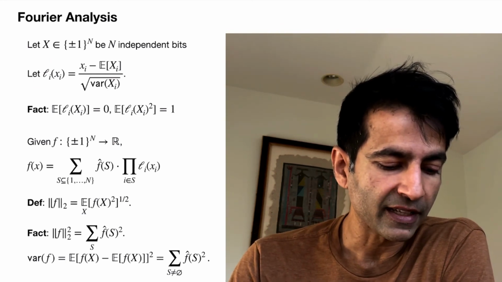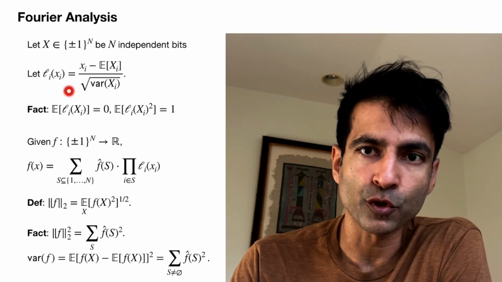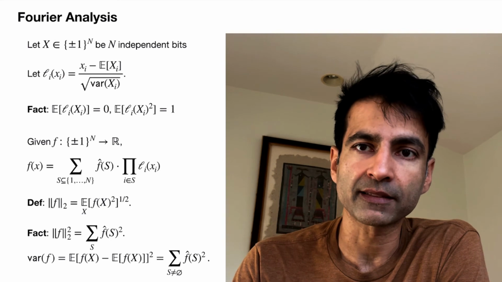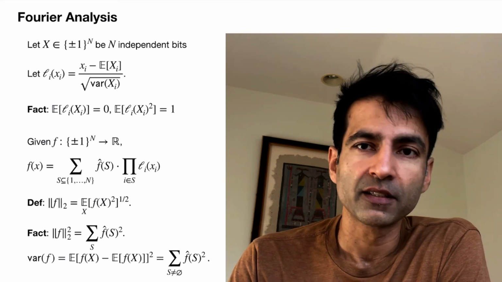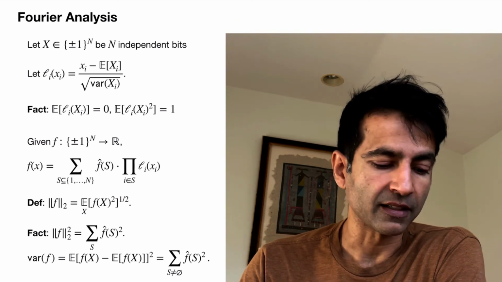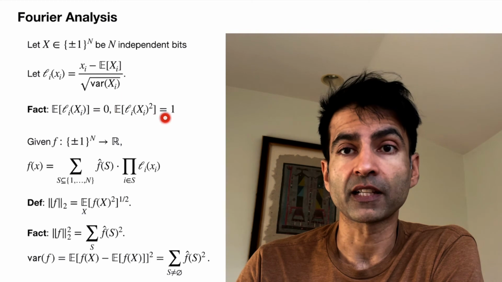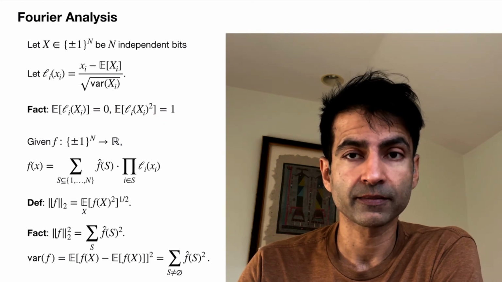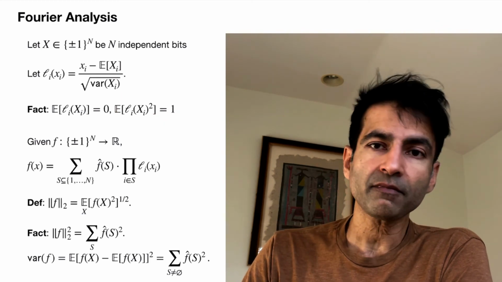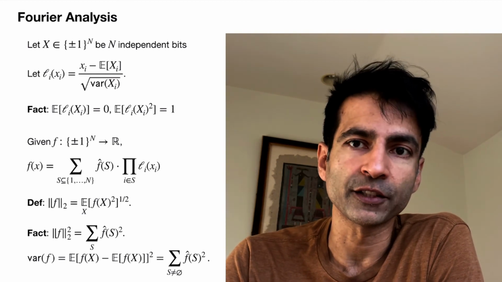Let's define the functions Li like this. Okay, this takes into account the distribution of each bit xi. And this choice of Li ensures that the expectation of Li is 0 and the expectation of Li squared is 1. Okay. And you should check that those things hold if it's not clear to you immediately.